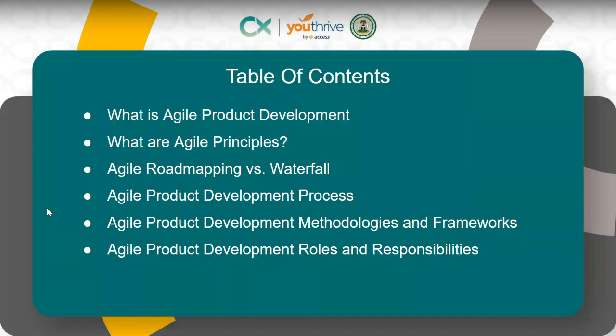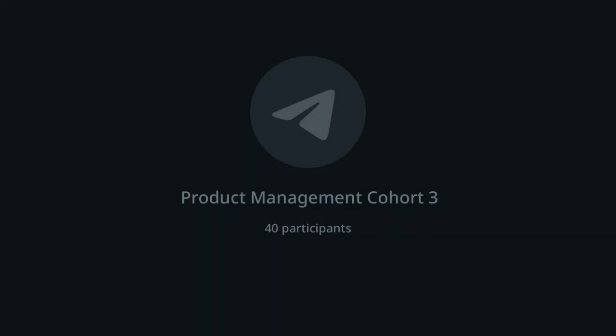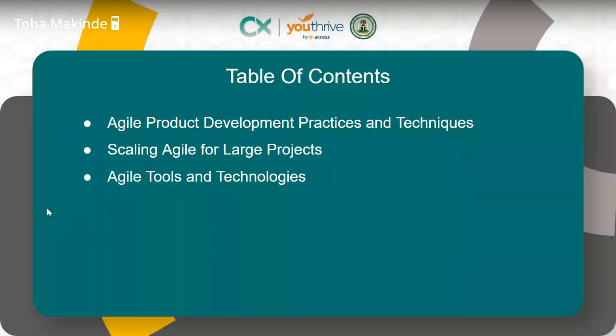We'll also be looking at the Agile Product Development Process, the Agile Development Methodologies and frameworks, and the Agile Product Development roles and responsibilities. We're discussing Agile Product Development Practices and Techniques.